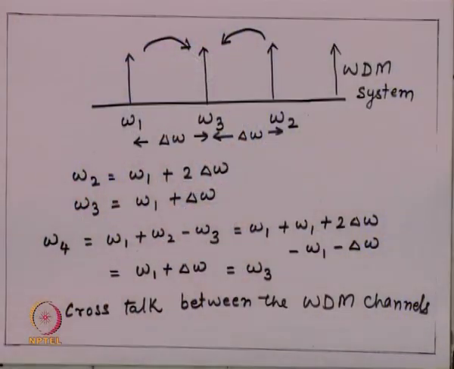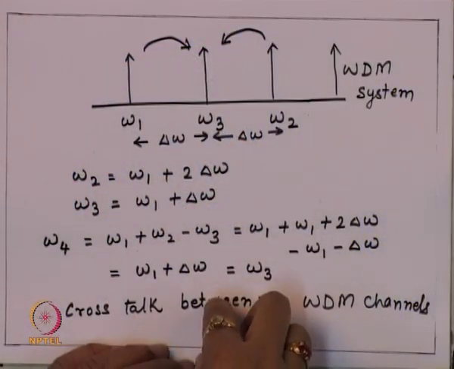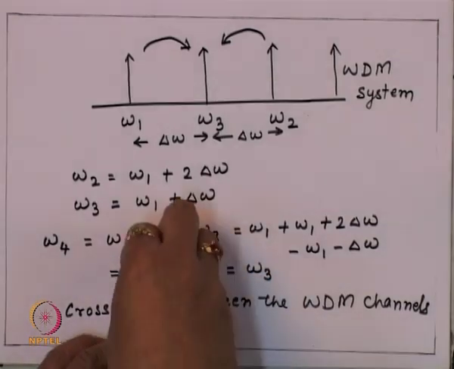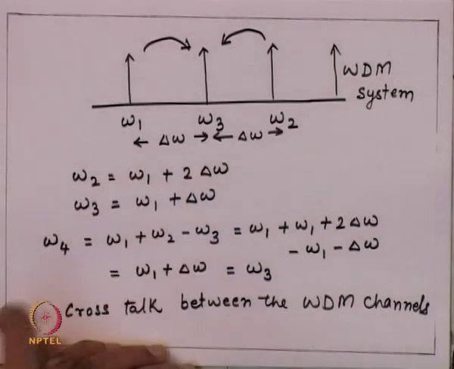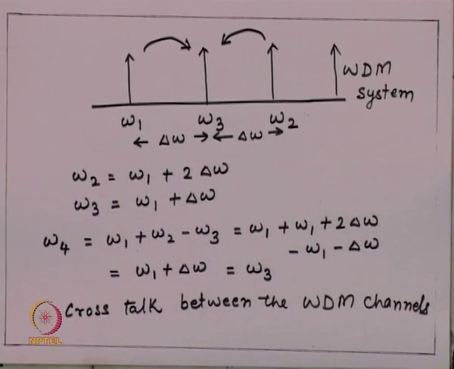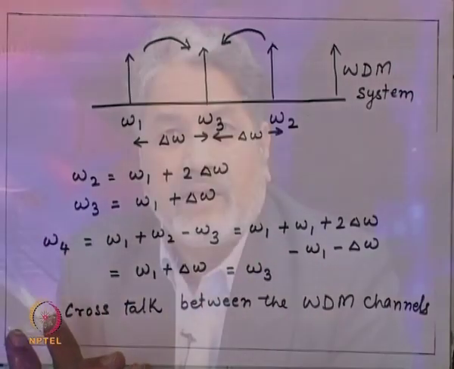So, equispaced channels from the nonlinearity point of view are probably undesirable, because that creates more crosstalk because of the four-wave mixing phenomenon. So, now we see that if you want to reduce the effect of cross phase modulation and the interaction between different channels, we should not create channels which are equispaced.